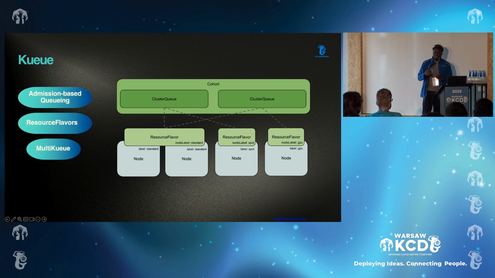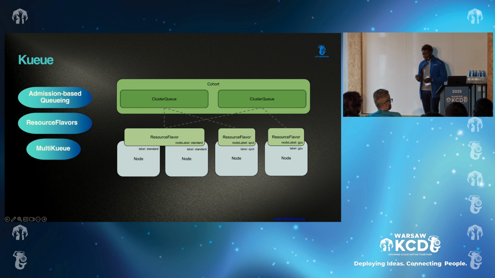You can also do it based on the different GPU types of that particular node, or even based on the pricing model. For example, you can say these nodes are on spot, these ones are on-demand nodes. So this makes it easy for Q: when you create a particular job and it's sent to Q, Q can narrow down the nodes on which it's supposed to schedule that particular job.